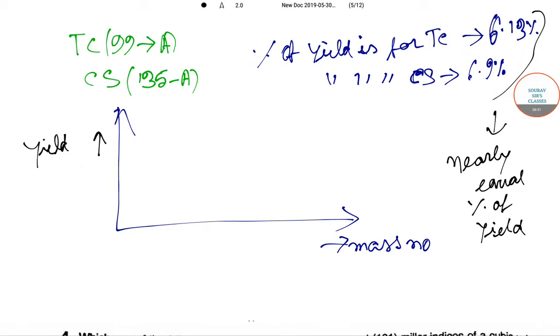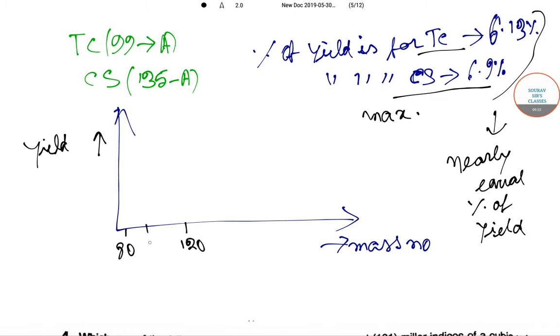So here the yield for technetium and cesium is nearly equal and also the maximum of all the fragments. On the mass number axis, this is 80, this is 120.